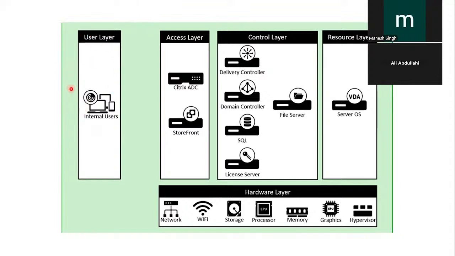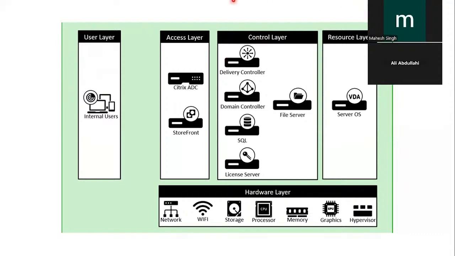Our local IT team will take care of it, because these are end user devices, laptops or desktops. We have to guide our local IT team to install the Citrix Workspace application and one web browser, such as Google Chrome, Firefox, or any other browser. That is the task for the local IT team, and we have to guide them.